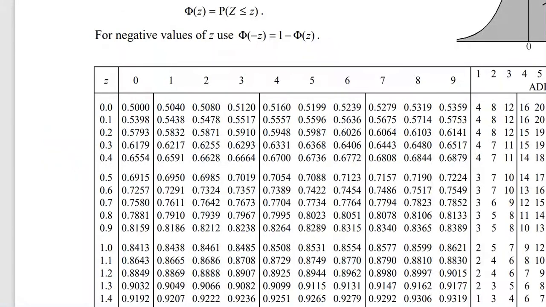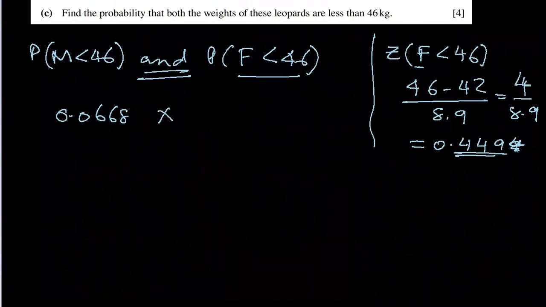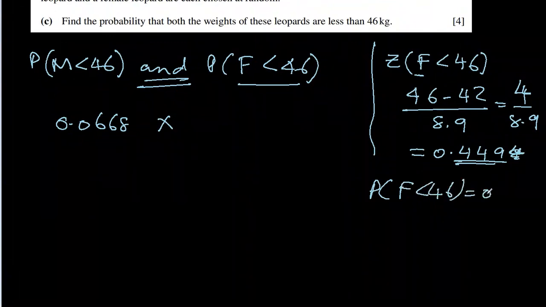So let's go back to our table and see 0.44, 0.67, and 9 is 32. So 6732. The probability that was Z score, okay? Female is less than 46 is 0.6732.